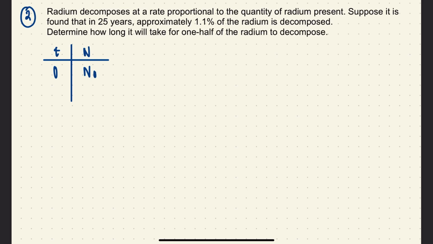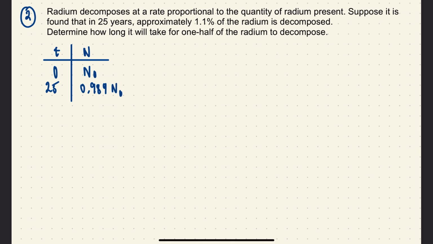And at 25 years, 1.1% of the radium decomposed. So meaning you are left with 98.9%. So we can write 0.989 N0.